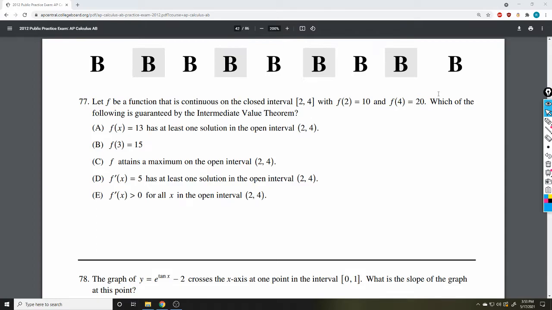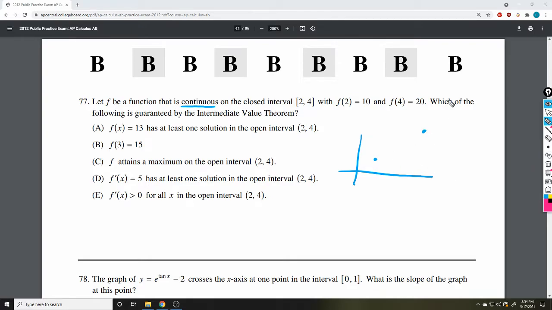Well, intermediate value theorem says if f of 2 is 10 and f of 4 is 20, and we are continuous, which we are, I have to cross every point in between 10 and 20 at some point between 2 and 4. No matter how I draw my curve, f has to hit every single point in between.